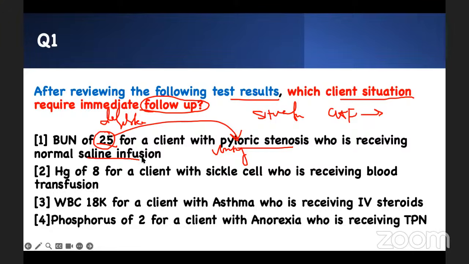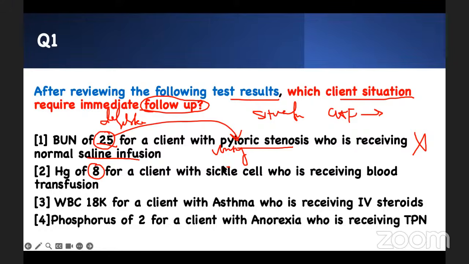What else do you want to do for me? Nothing. Don't get trapped with the normal. So you don't need to do anything for this patient. He has pyloric stenosis, he's vomiting, his BUN and creatinine are up, so he's dehydrated. We're giving him normal saline. Nothing in the question should be worrisome.